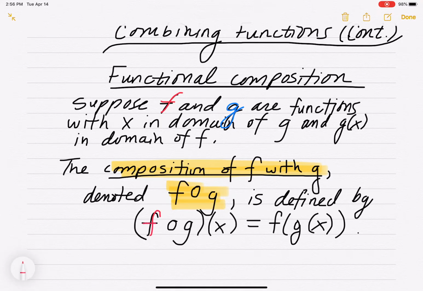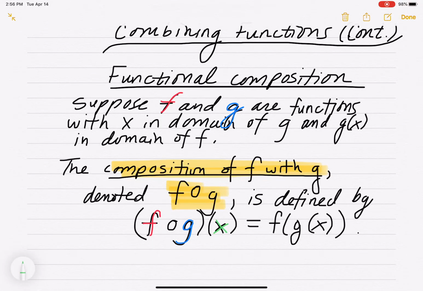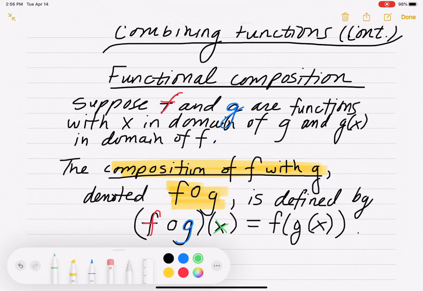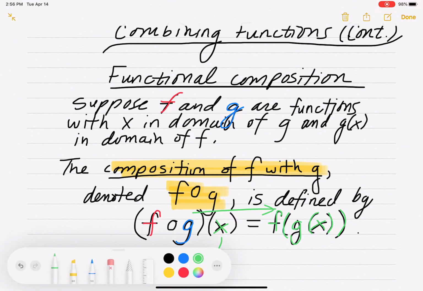F composed with g. So the idea is you plug in x, right? X comes out the other side as f of g of x. That's the output. So the input is x, right? And out the other side comes f of g of x.